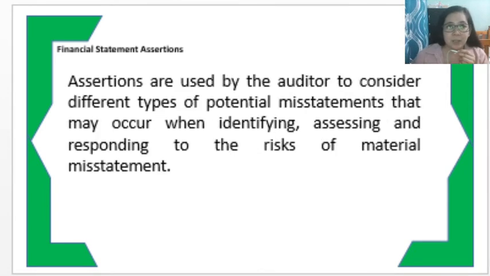So these assertions are used by the auditor to consider different types of potential misstatements that may occur when identifying, assessing, and responding to the risks of material misstatements. So this will be the basis of the auditor later on in determining the potential misstatements that may exist in the FS.